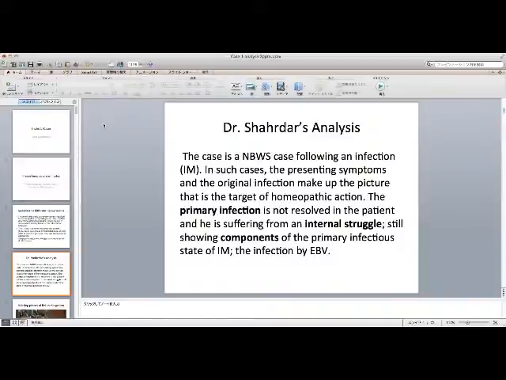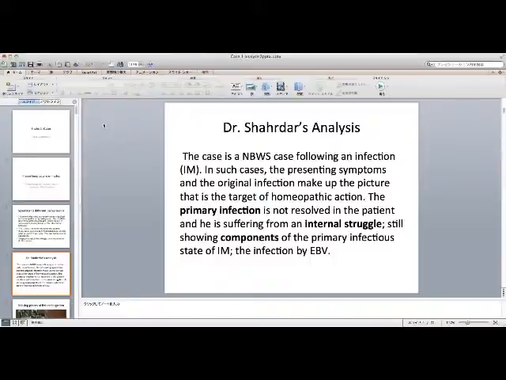Dr. Shadar says, the case is a never been well since case, NBWS, following an infection, IM, infectious mononucleosis. In such cases, the presenting symptoms and the original symptom make up the picture that is the target of homeopathic action.